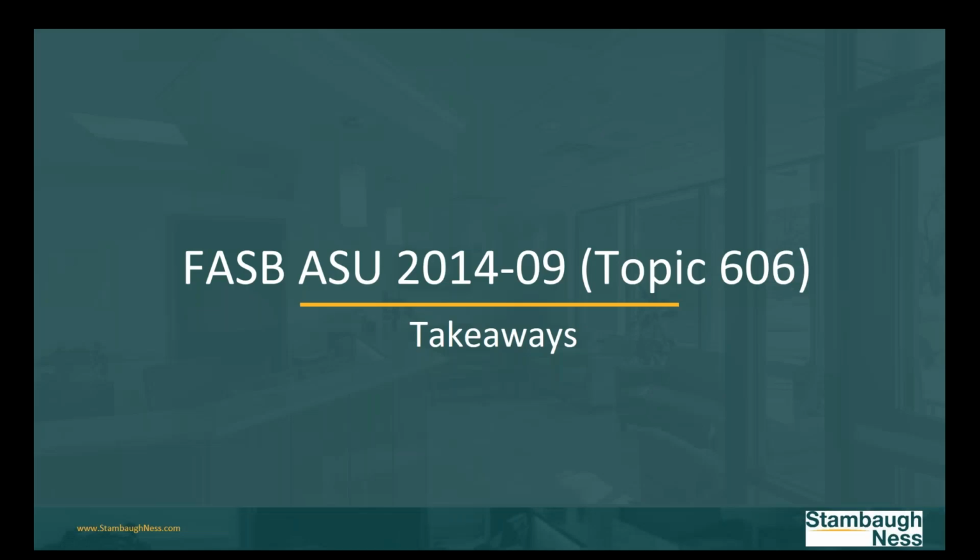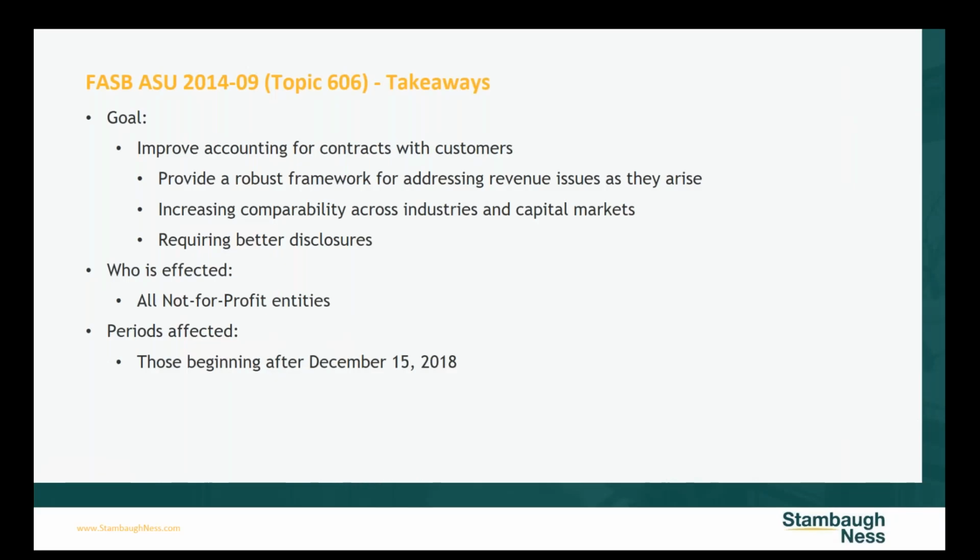So some takeaways, knowing that I've got 2 minutes to go here, just to remind everyone, the goal of this is to really improve our understanding of revenue, but specifically of this topic, accounting for contracts with customers. Provide a robust framework for addressing revenue issues as they arise.